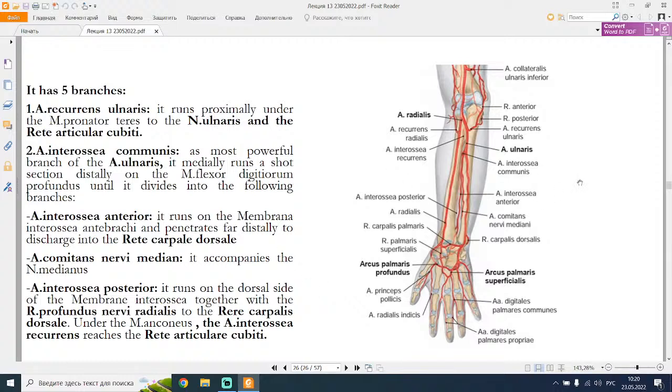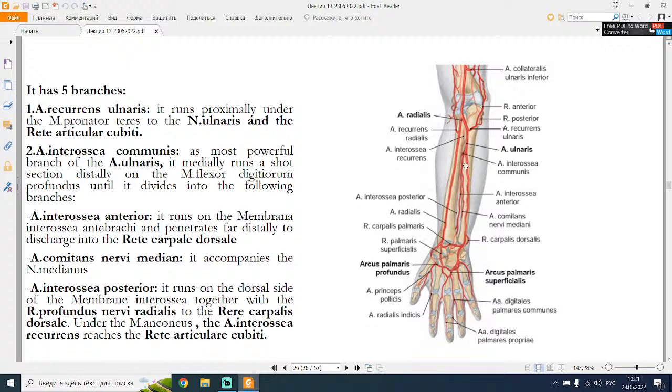Arteria ulnaris has 5 branches. Arteria recurrens ulnaris runs proximally under the musculus pronator teres to the nervus ulnaris and rete articulare cubiti. Next, arteria interossea communis.